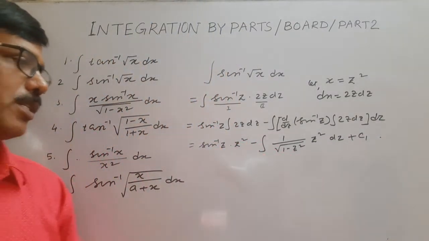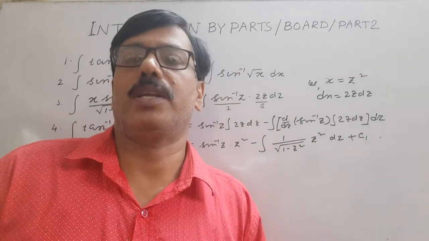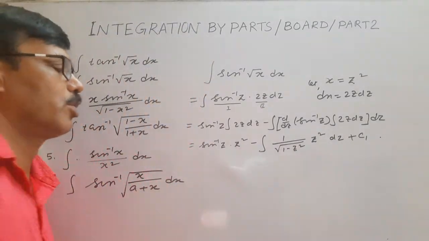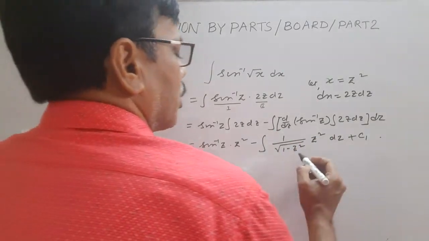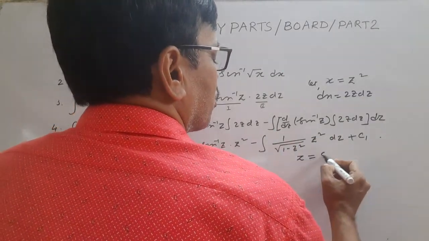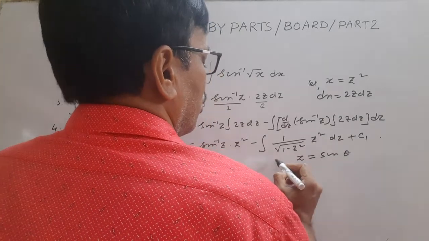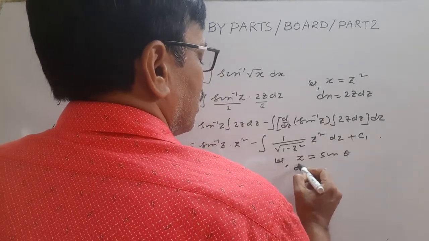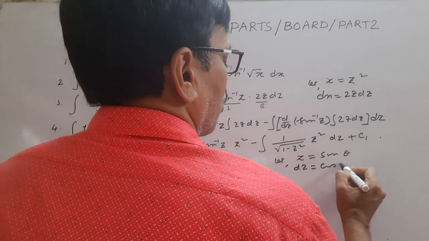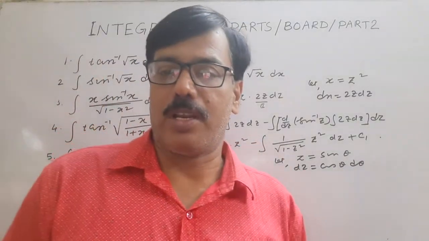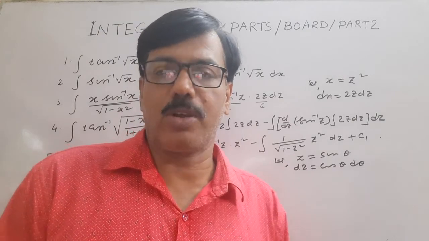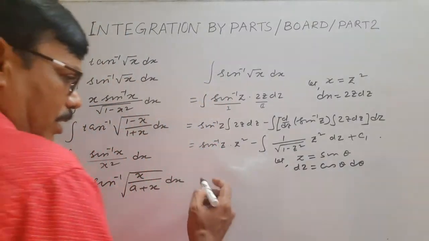Now, this is z square, this is root over 1 minus z square. So we put a transformation: z equals sin theta or cos theta. So dz equals cos theta d theta. If it is 1 plus z square, z equals tan theta.